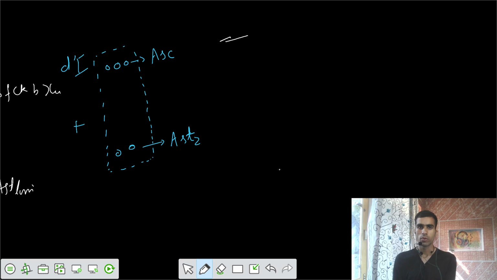Some C force is acting here. Let's write it as C2, and that C2 we can calculate. And there's some T force acting here at this cross section. We know that the T force is 0.87 Fy Ast2, and there's some lever arm also.